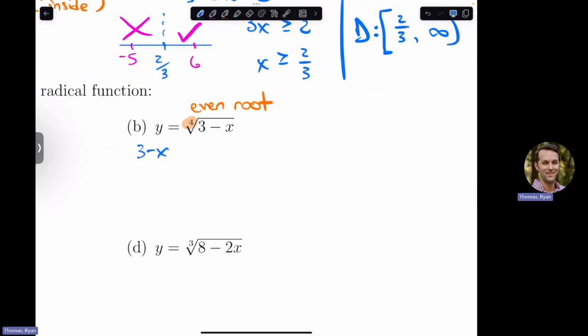So 3 minus x needs to be non-negative. Solve that, and we figure out that 3 is important. 3 is where it is 0, and x needs to be smaller than 3 in order for that thing to be positive. So what's the domain?